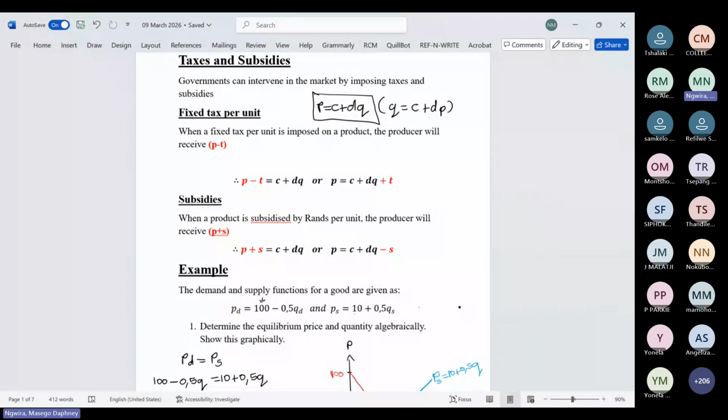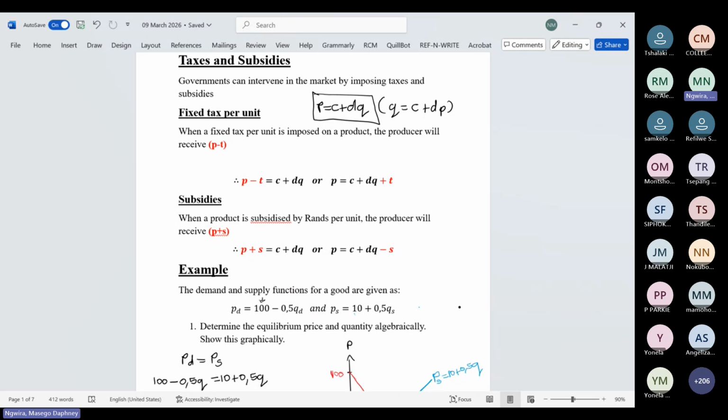I think from the beginning we spoke about demand and supply. Demand is for who and supply is for who? Remember we said that when we started this module, we still use it on this coming topic.